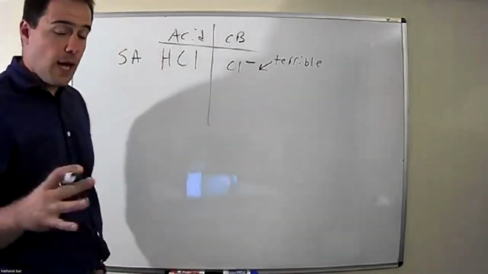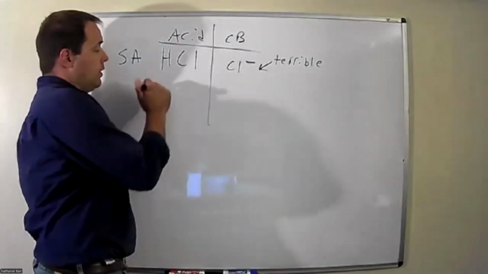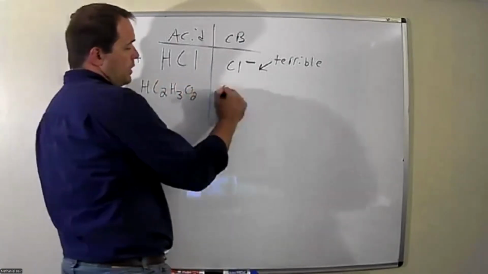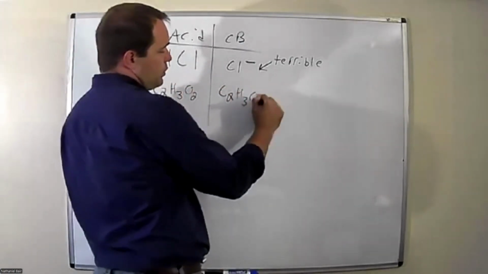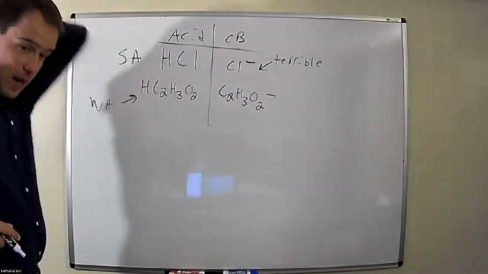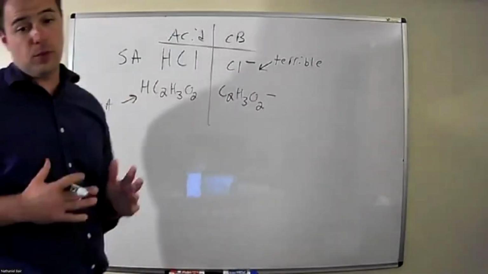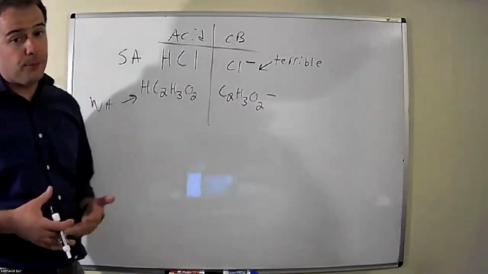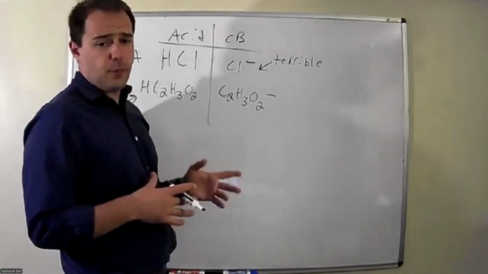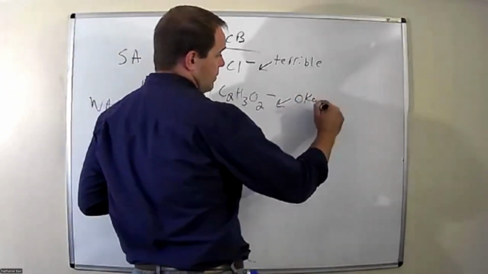Okay? Now, the opposite is also true. If I take something like acetic acid, HC2H3O2, and I put its conjugate over here, C2H3O2 minus, this is a weak acid. How do I know it's a weak acid? It's not one of those 6 strong acids that I need you to memorize. If you're an acid and you're not one of those 6 strong acids, then you have to be weak. So this is a weak acid. What that means is that the acetate polyatomic anion is actually an okay base.